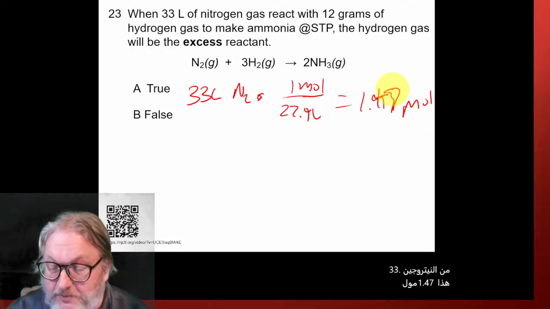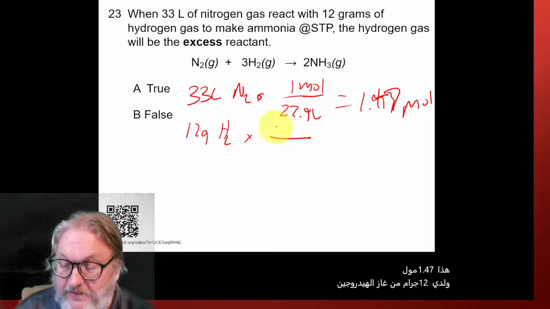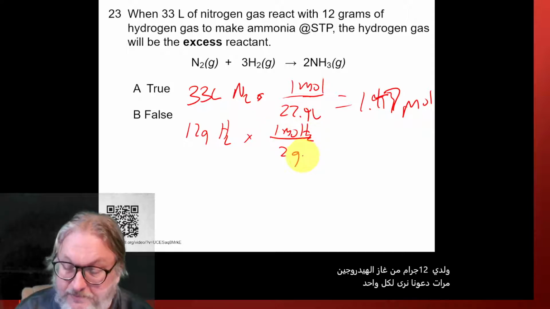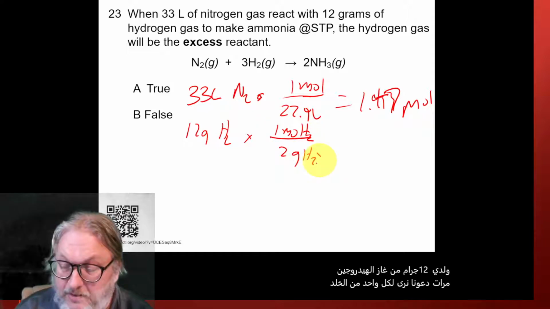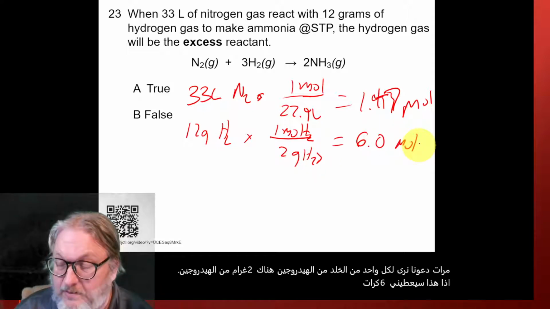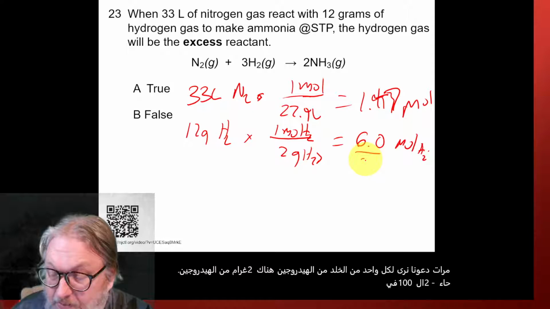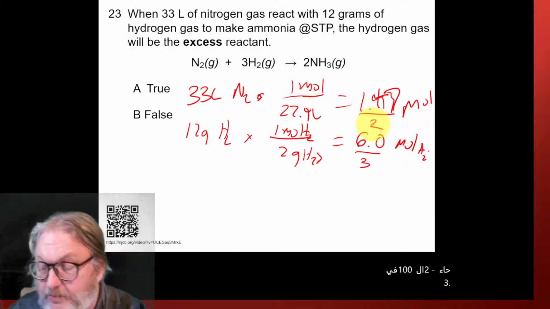And I've got 12 grams of hydrogen gas times, for every 1 mole of hydrogen, there's 2 grams of hydrogen. So that's going to give me 6 moles of H2. So I'm going to divide by the stoichiometric ratio, 3, 2.